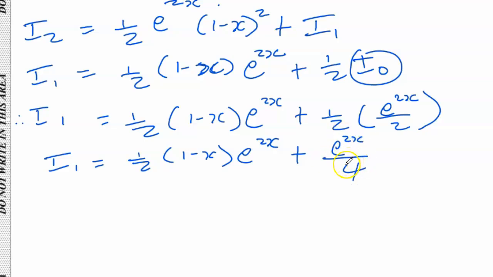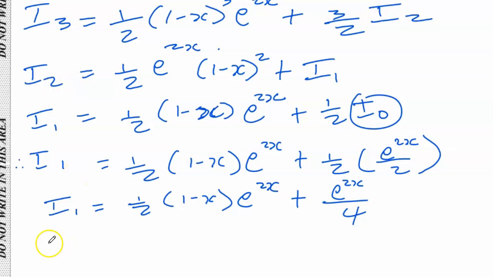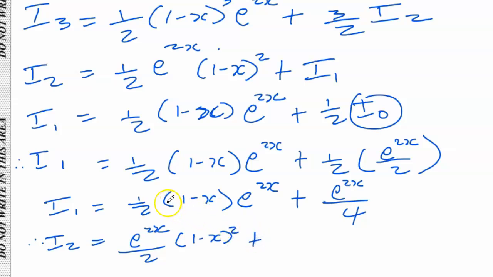Now let's use it to get I2. Working back up, I2 is half e to the 2x, that's e to the 2x over 2, into 1 minus x squared, plus I1. And what is I1?